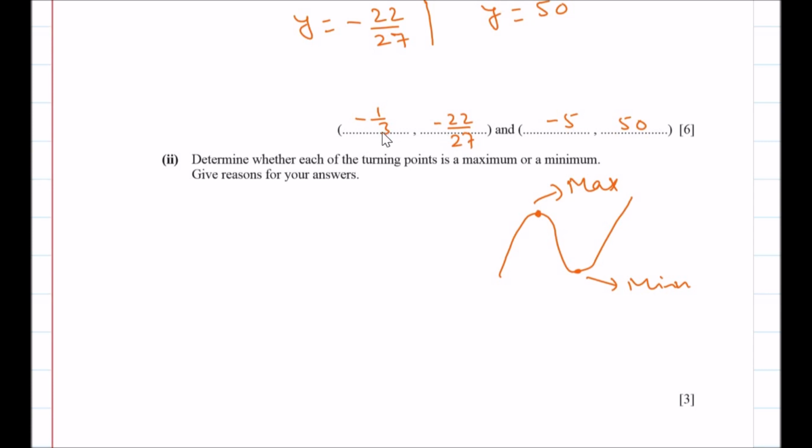So you can see minus 5 and minus 1 by 3 are x coordinates. So x coordinate minus 5 should come on the left side of minus 1 by 3 because minus 5 is smaller than minus 1 by 3. So here it is a maximum point, that means minus 5, 50 is maximum.